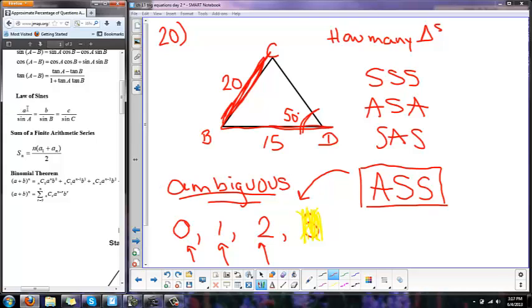So this is the side A, and that is angle A. This is the side B, that's the angle B. That's the side C, that's the angle C. So if you take, like in this case, 20, which is the side, and divide it by the sine of 50 degrees, that is going to be equal to 15 divided by the sine of angle C.